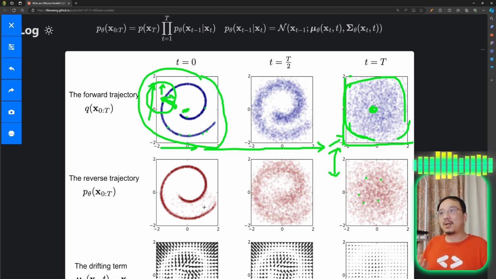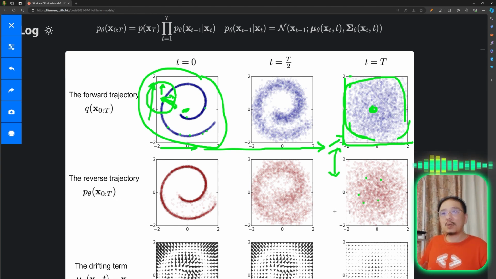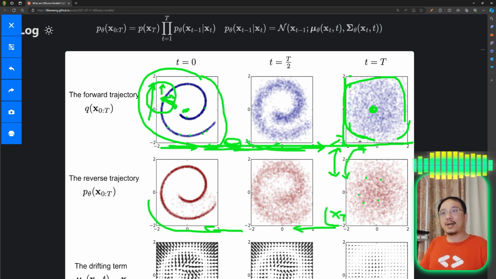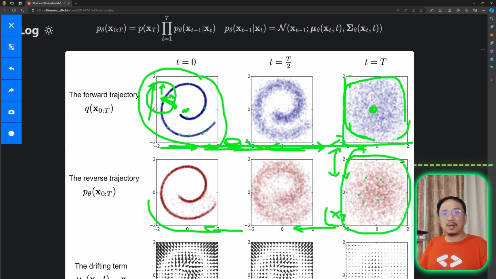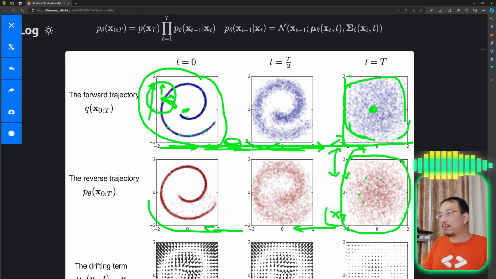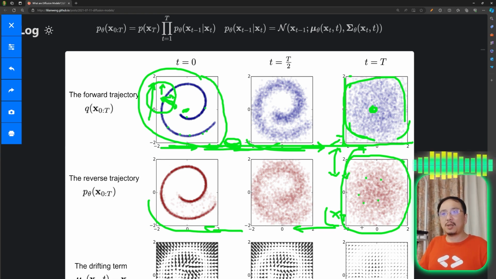So by using the reverse diffusion process, we can simulate the process, and it will get back to the original distribution. The idea is that because we know the distribution at the final step, we can simply generate a Gaussian random variable, and then we reverse the process.